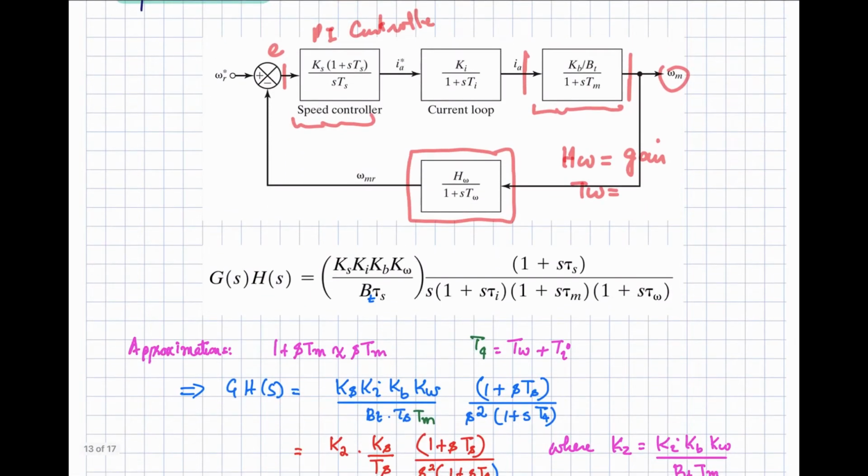Okay, now if we look at the closed loop transfer function, we can represent it like this.